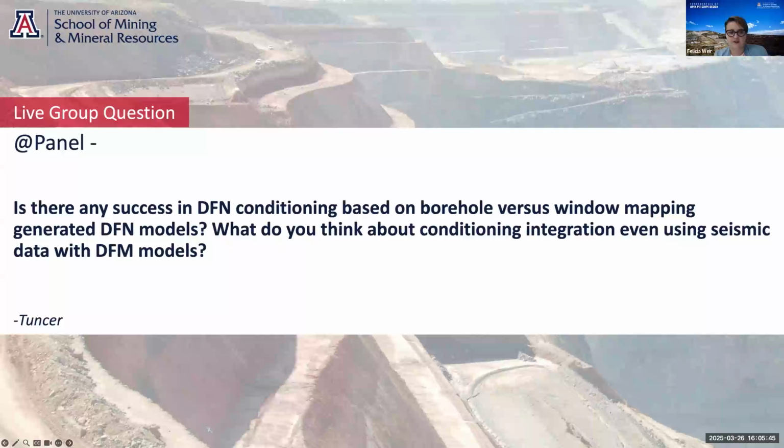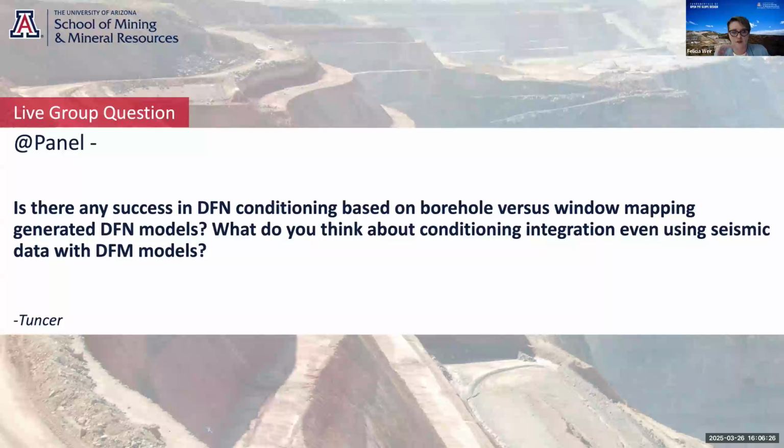I can comment from a recent batter optimization study we were doing, where we had DFNs that were conditioned based on boreholes. When we compared that to actual exposures in the rock mass, we found that the DFN had much higher fractures and fracture intensity than if you were basing it on just window mapping or an assessment of the batter face. A lot of that, I think, loops back to the previous question about length.